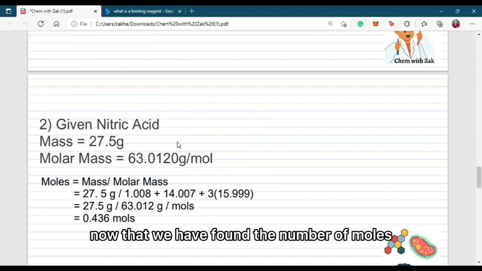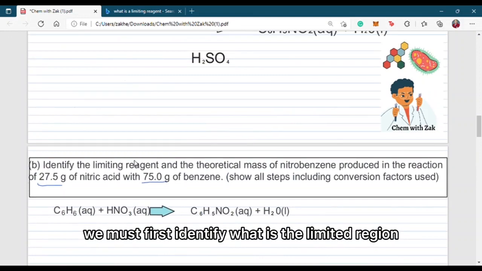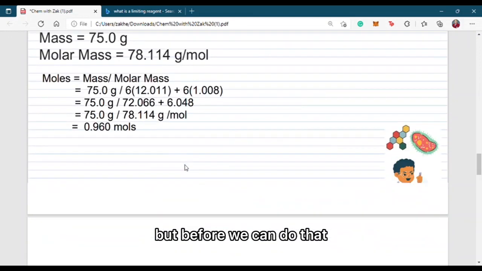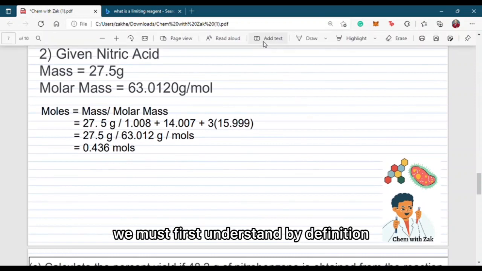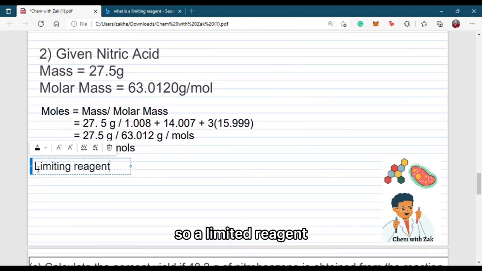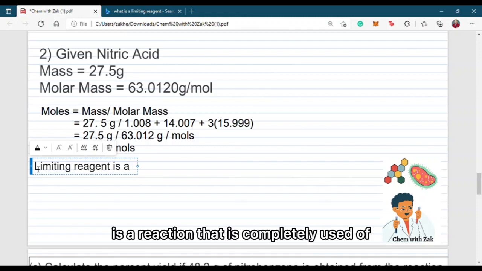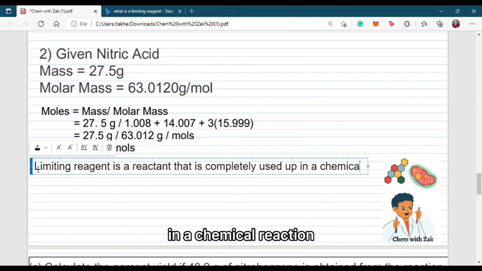Now that we have found the number of moles for the nitric acid and benzene, we must first identify the limiting reagent. But before we can do that, we must first understand by definition what a limiting reagent is and what an excess reagent is. A limiting reagent is a reactant that is completely used up in a chemical reaction.